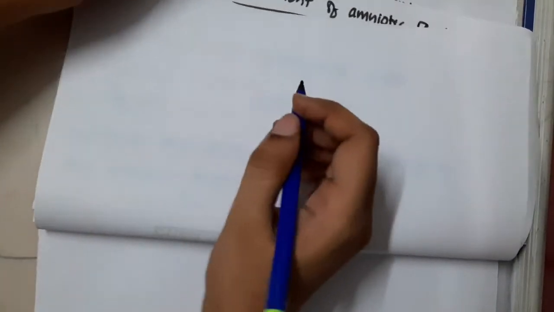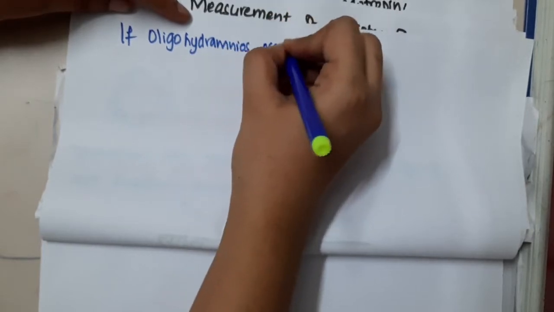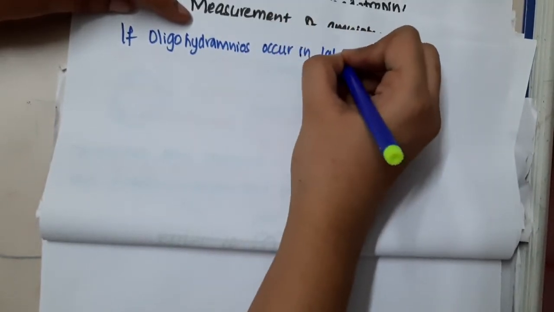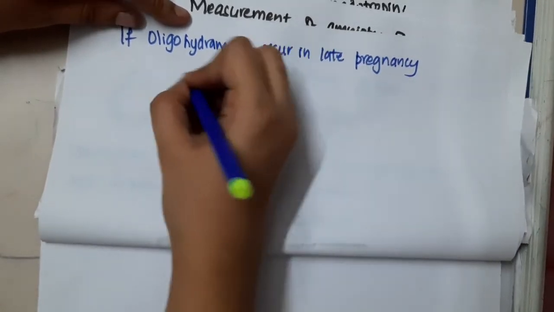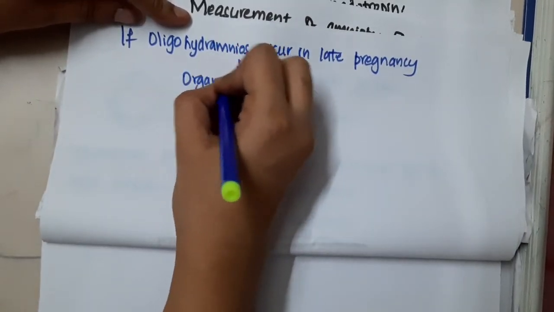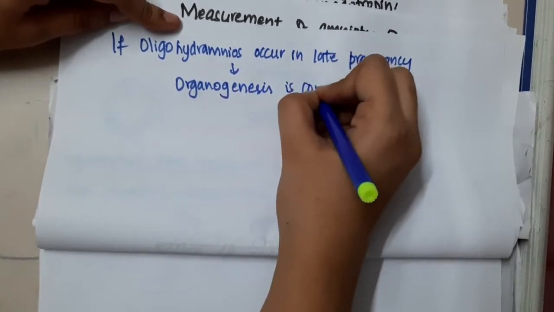What happens if oligohydramnios occurs in late pregnancy? If it occurs in late pregnancy, organogenesis will already be complete.